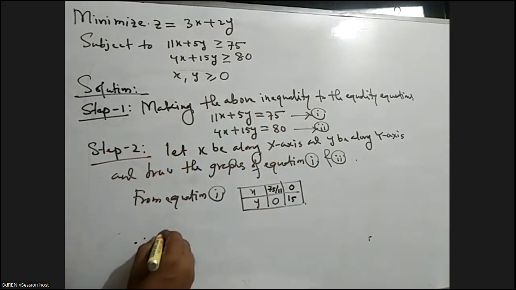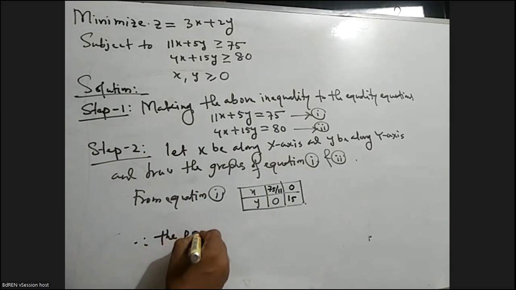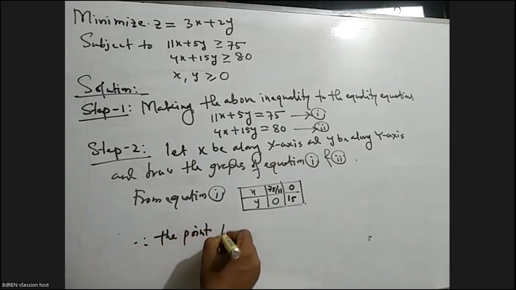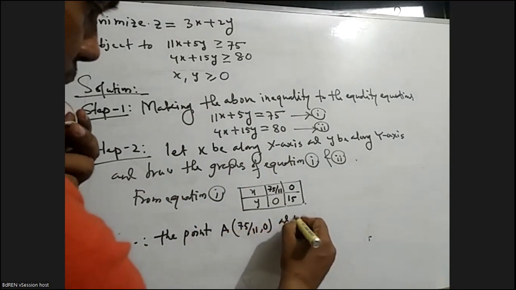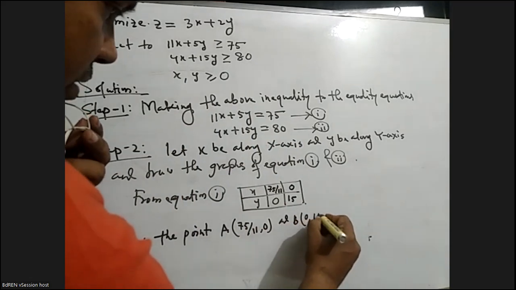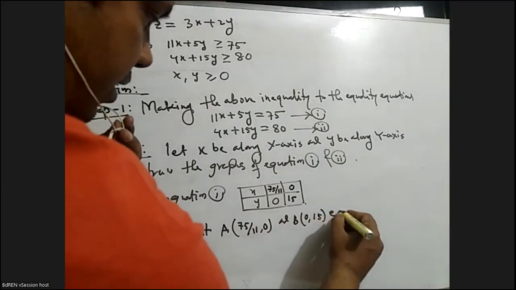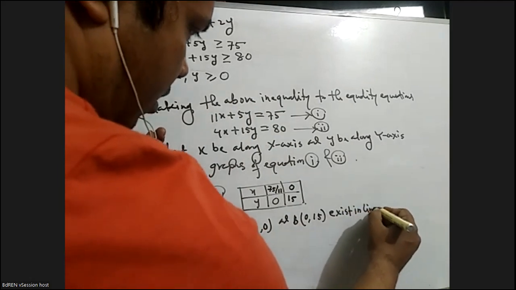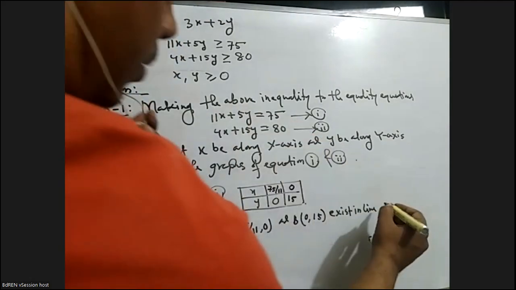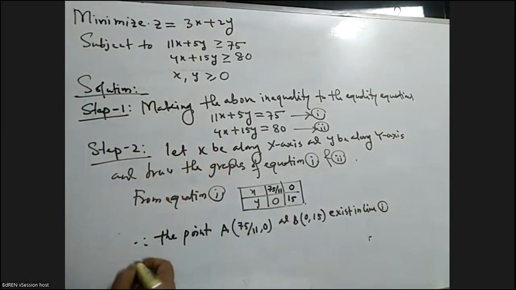Therefore, the points A (75 by 11, 0) and B (0, 15) exist on line or equation 1.